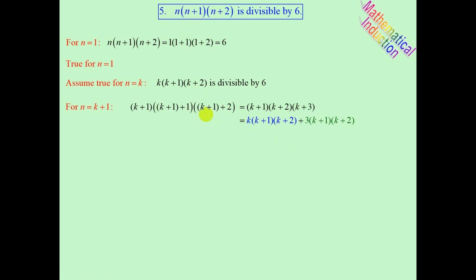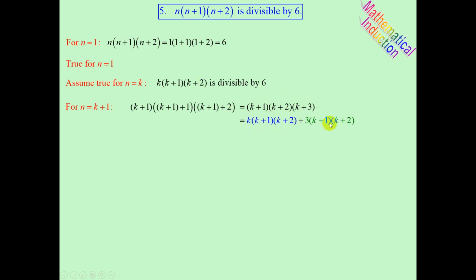And what I've done, because I see I need a k plus 1, k plus 2, so that I can use that fact there, I can see that there's the k plus 1, k plus 2, k plus 1, k plus 2. So therefore, let's multiply by the k and then plus by the 3. So there, that's the part in blue, and that is divisible by 6 by that assumption.